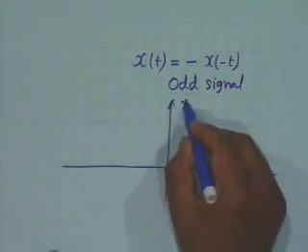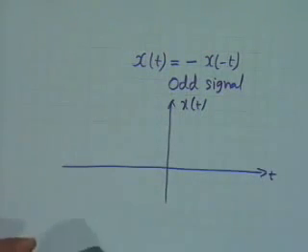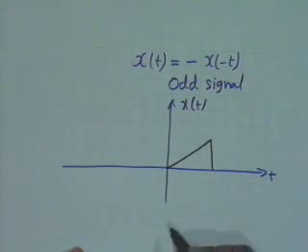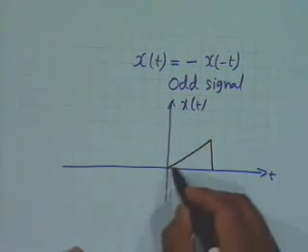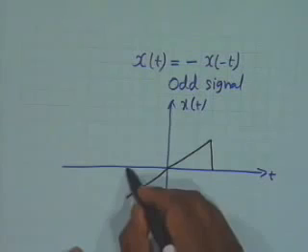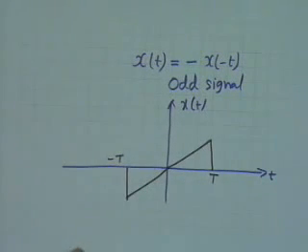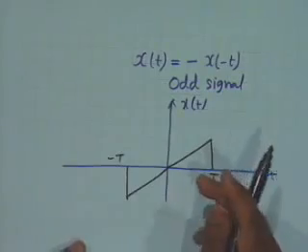This is t, x of t, which is odd, and if x of t is like this for t greater than 0 and it is odd, then it must go like this. If this is capital T, this is minus T. So x of t is equal to negative of x of minus t. You fold this and negate it, you will get exactly the same thing. Alright, this is called an odd signal.